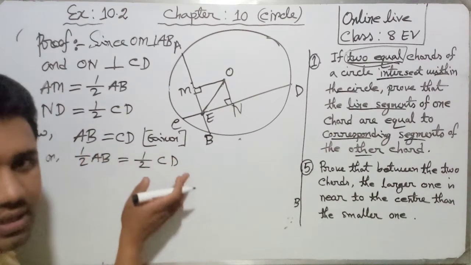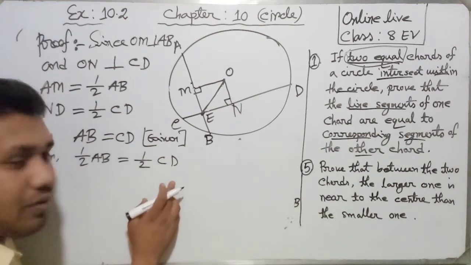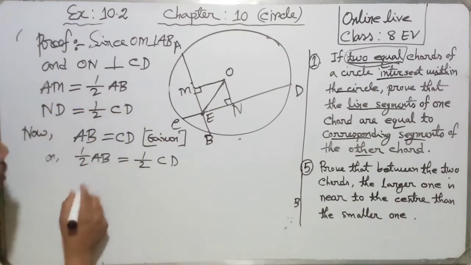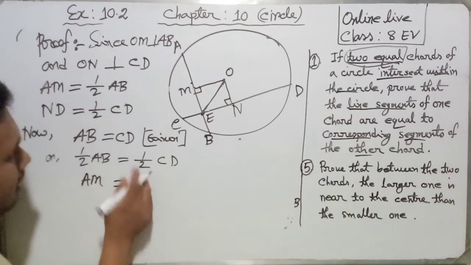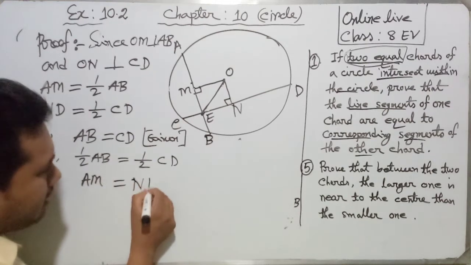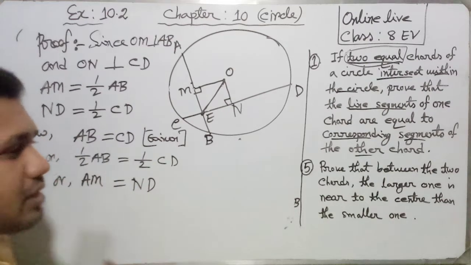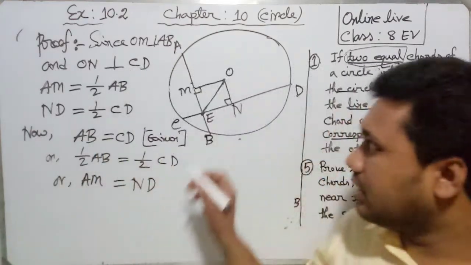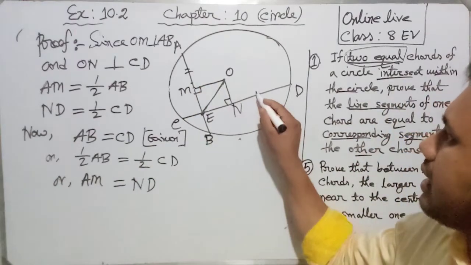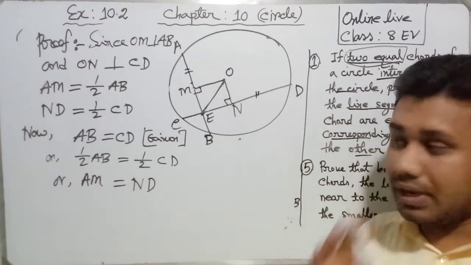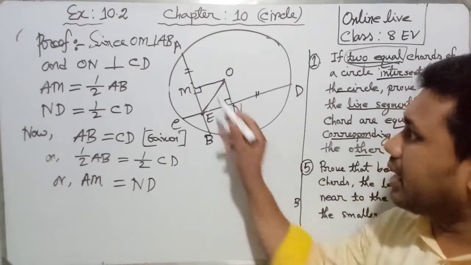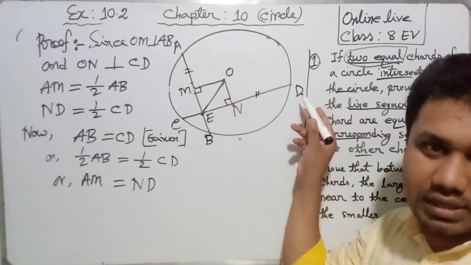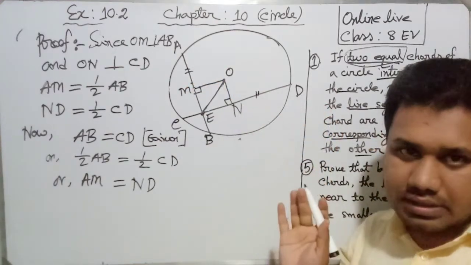If AB equals CD, then half of AB is half of CD. Now for half of AB we can write AM, and for half of CD we can write ND. So AM and ND, this part and this part, are equal. But look, dear student, we have to prove that AE equals ED. So this part is done.